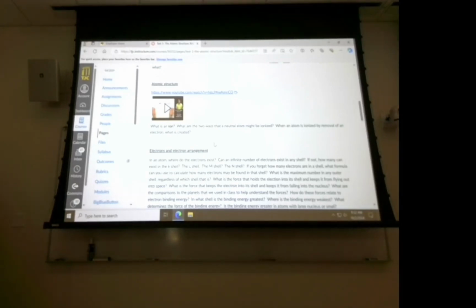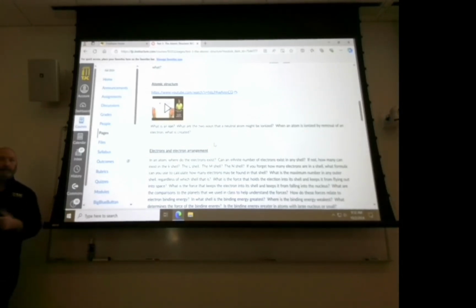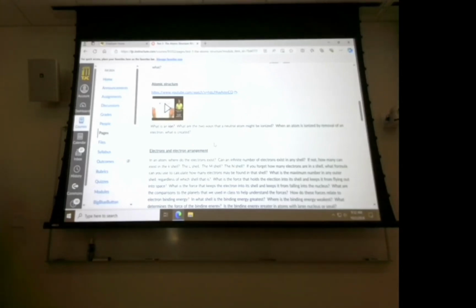So in our atomic model, we talked about the subatomic particles. We only had three that we were interested in. That was the neutron, which we were less interested in than the other two. The other two were the proton and the electron, right? So the proton was positive, the electron was negative.